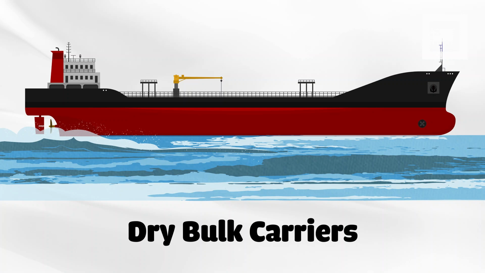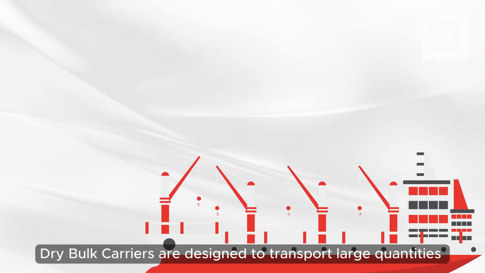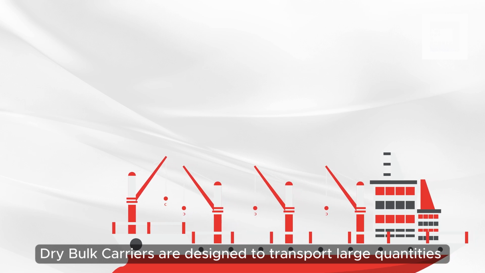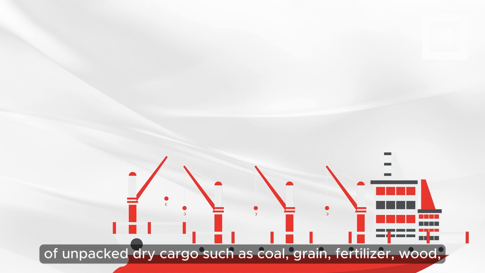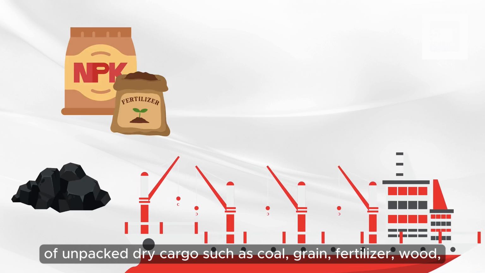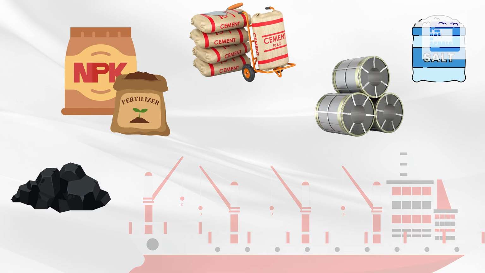Dry bulk carriers. Dry bulk carriers are designed to transport large quantities of unpacked dry cargo such as coal, grain, fertilizer, wood, machinery, cement, cereal, salt, aluminium, and other raw materials.